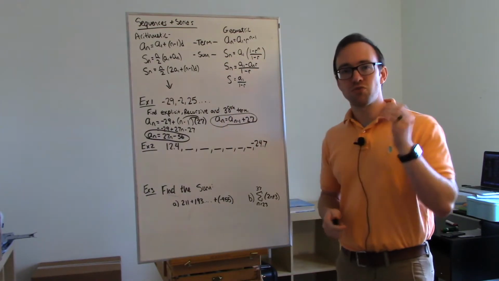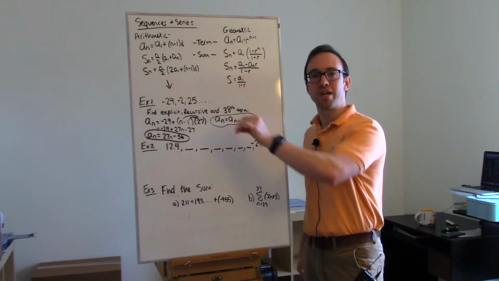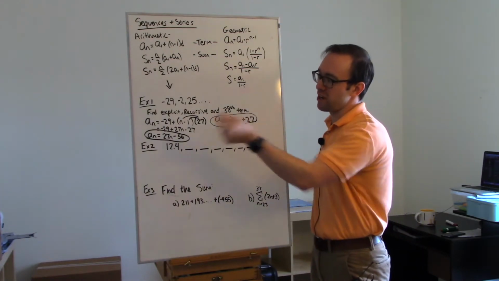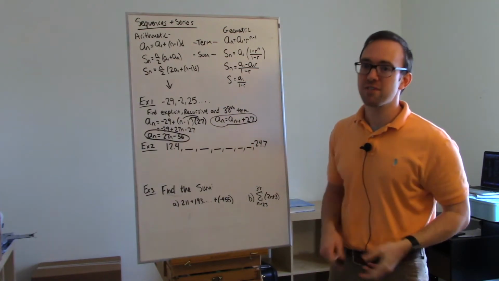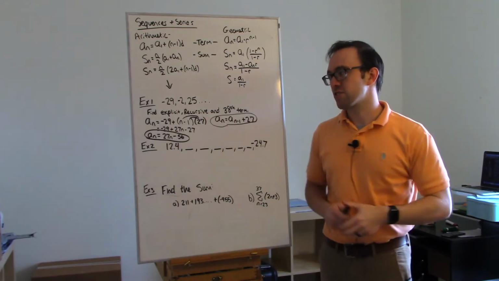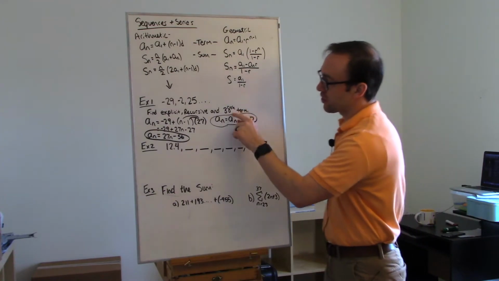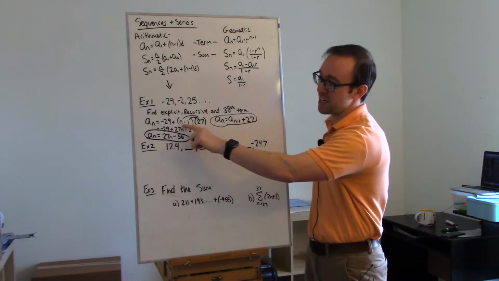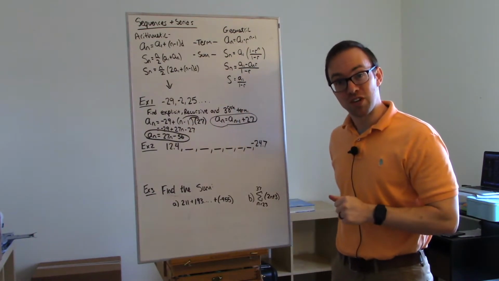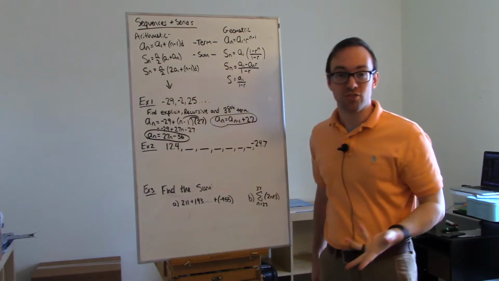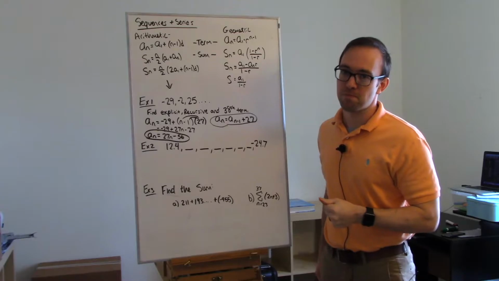And then the final part is to find the 38th term of the sequence, so negative 29 to negative 2 to 25 to the 38th term. To do this, you can do one of two things. You can take 38 and plug it into our n in the first equation that we wrote up, or you could take 38 and plug it into the final answer of the explicit form.